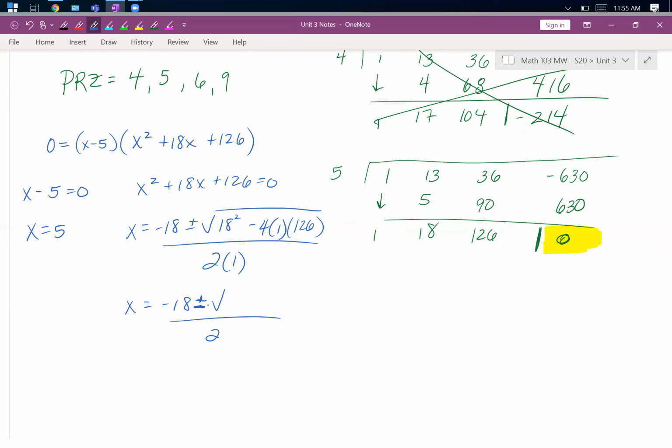Square root of negative 180. So notice that we're getting a negative number here. That means that we're going to have an imaginary solution.